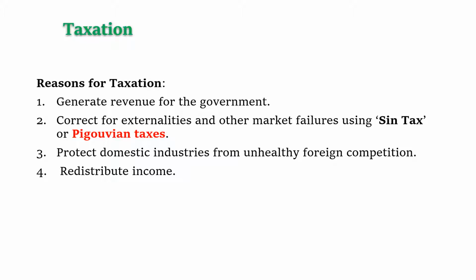Some people experience respiratory infections because of a polluted environment. So we're going to talk about this one next week when we deal with externalities. So that is one area to correct for externalities. And then the other reason why government decides to levy a tax is to protect domestic industries from unhealthy foreign competition.